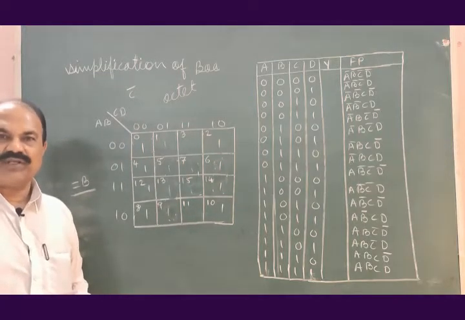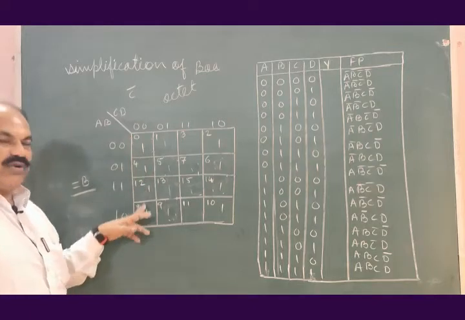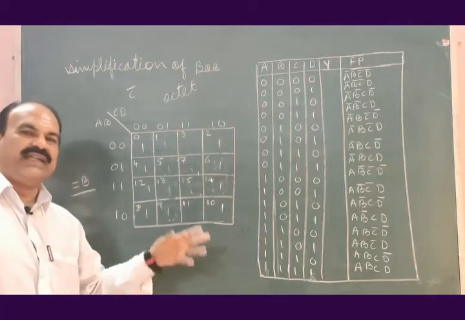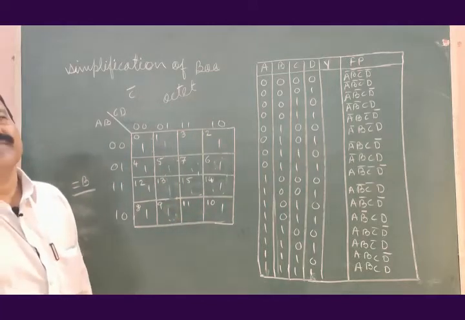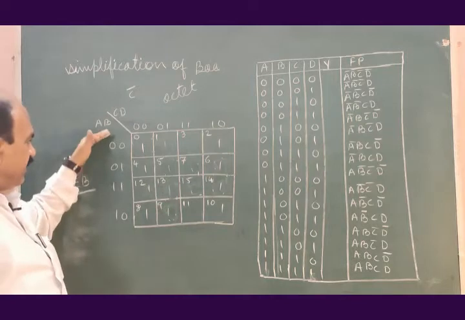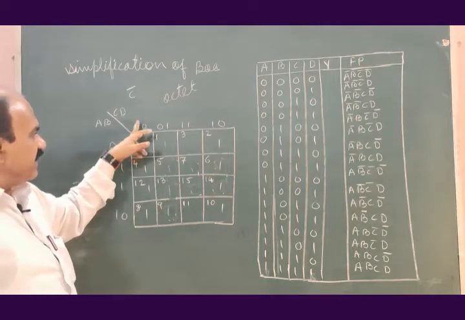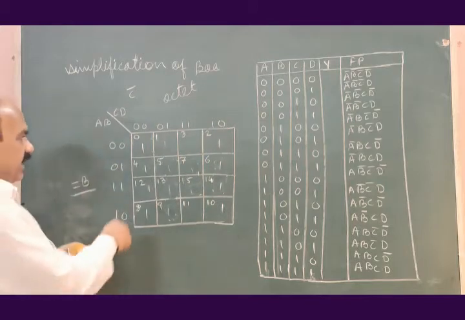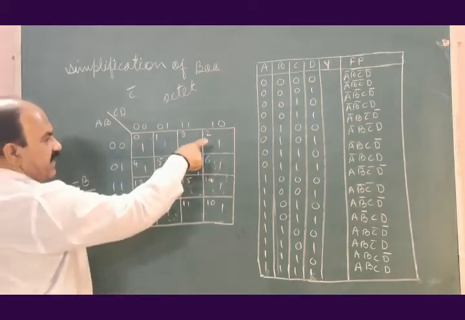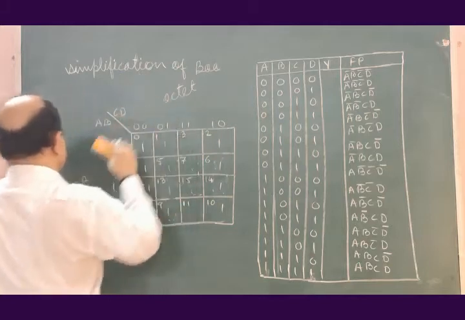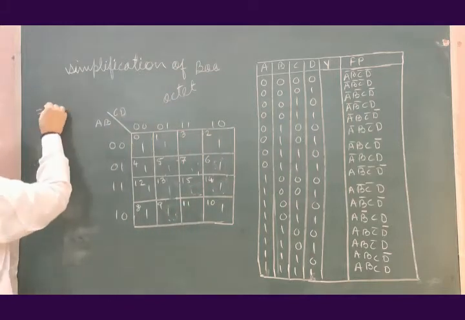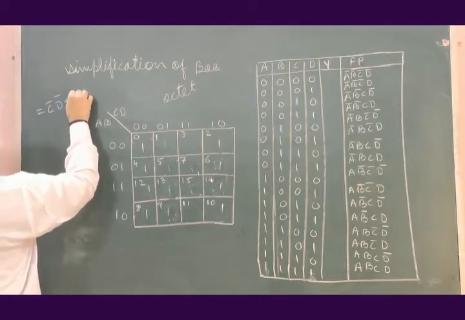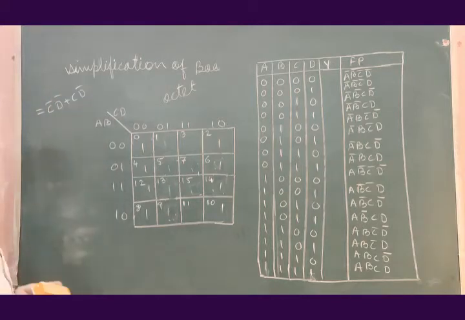Because of this, 2 variables and their complements will go away, and the equation will be C bar D bar. If I select this as another quad, the equation will be C D bar.